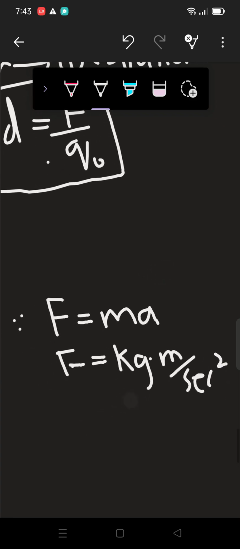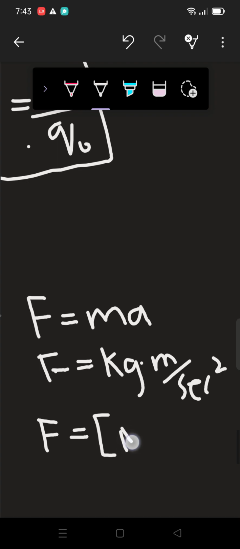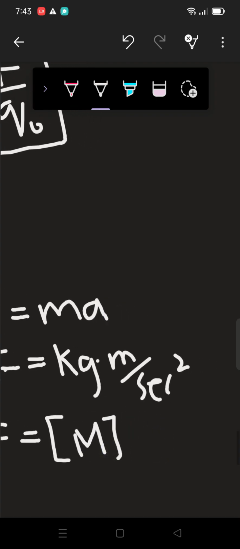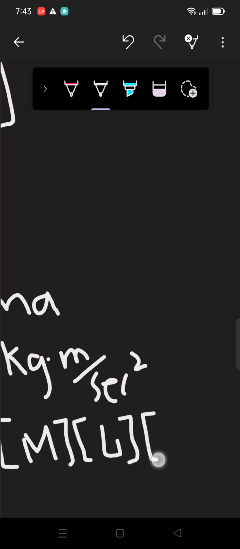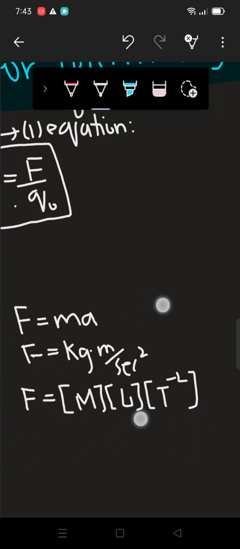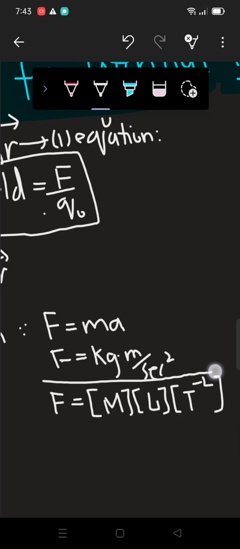If I write the dimension for it, F is equal to kg means M, which represents the mass, meter means L, which represents the length, and of course T minus 2, since the second, when we take it up, will have a minus sign, right? So MLT minus 2, this is the dimension for the force, which is of course equal to Newton.